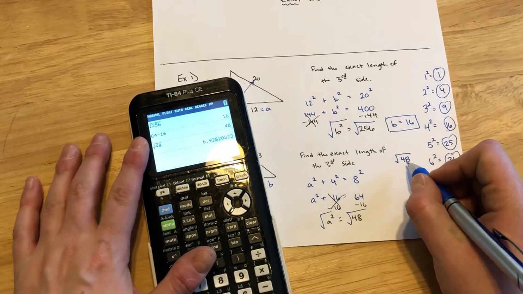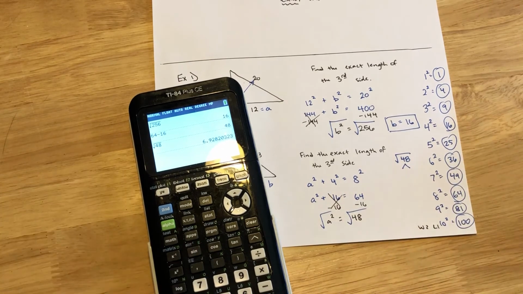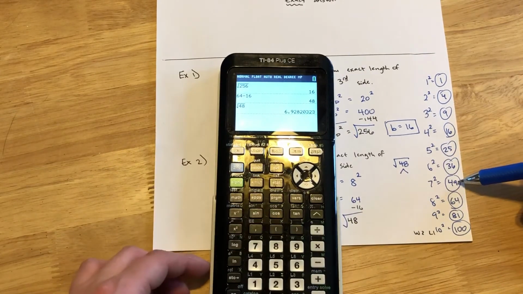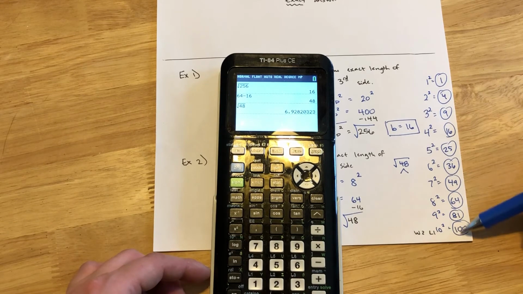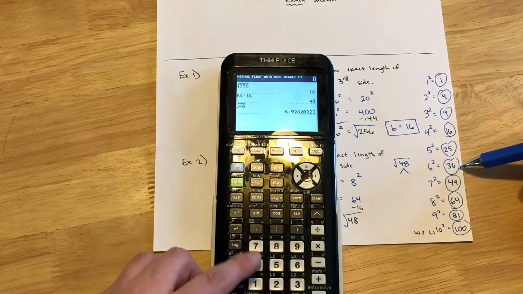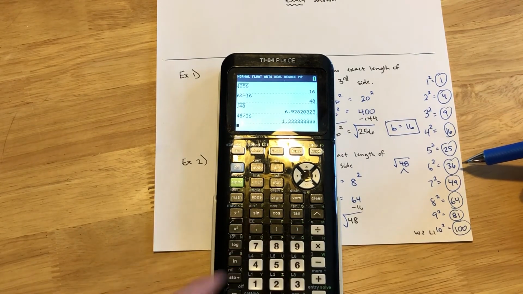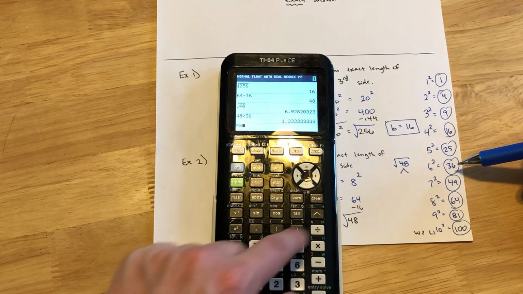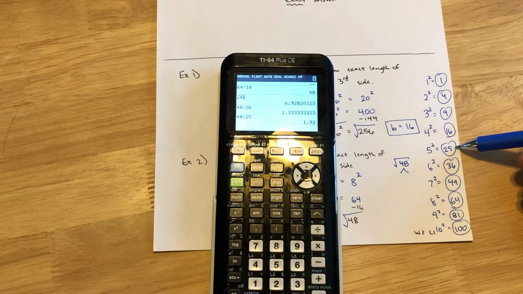Okay. So how we go about finding the simplest radical form is we're looking at this number 48, and we're trying to break it up into a product of two numbers. And we want one of the two numbers to be the biggest perfect square possible. So 48, we're not going to worry about anything that's bigger than 48, but is 48 evenly divisible by 36? Would that be a perfect square factor of 48? Well, the answer to that is no. Is 48 divisible by 25?